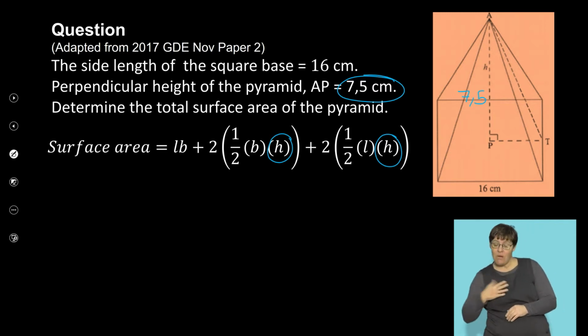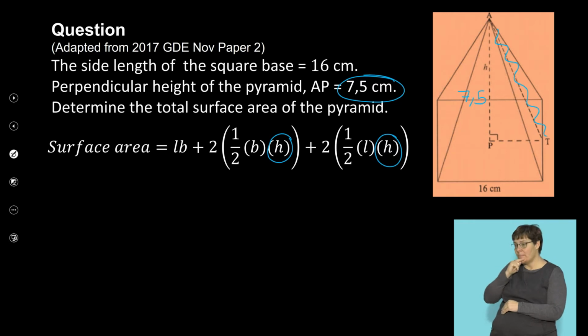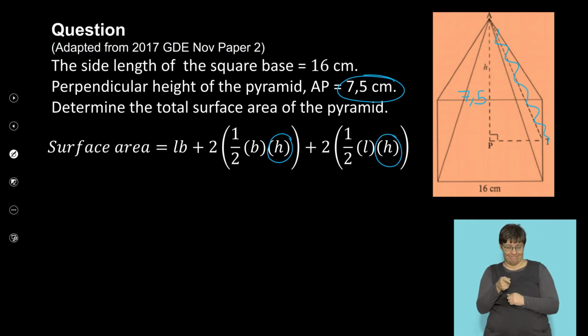So I need this particular height in order to calculate the surface area of the pyramid. I know that my perpendicular height is 7,5, but I'm going to need my slant height for the surface area. So I'm going to have to use Pythagoras in order to find my slant height.